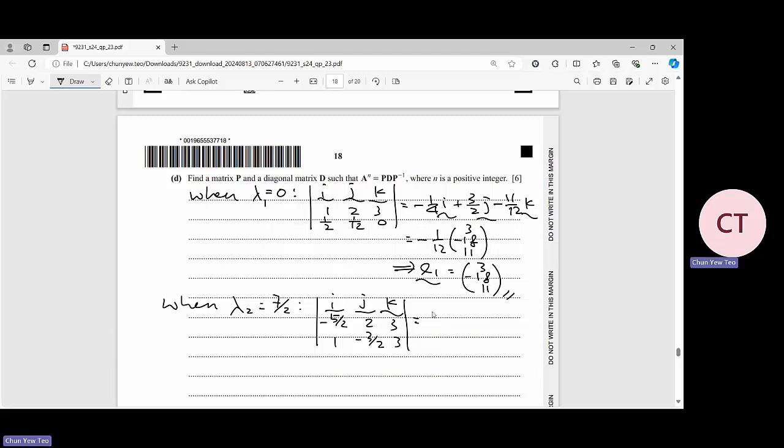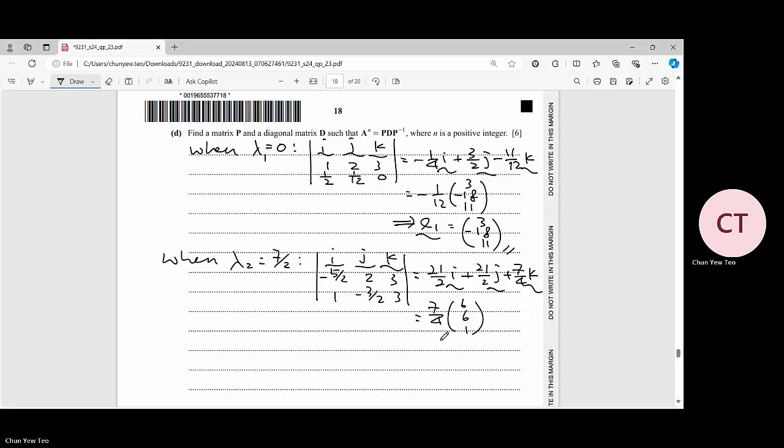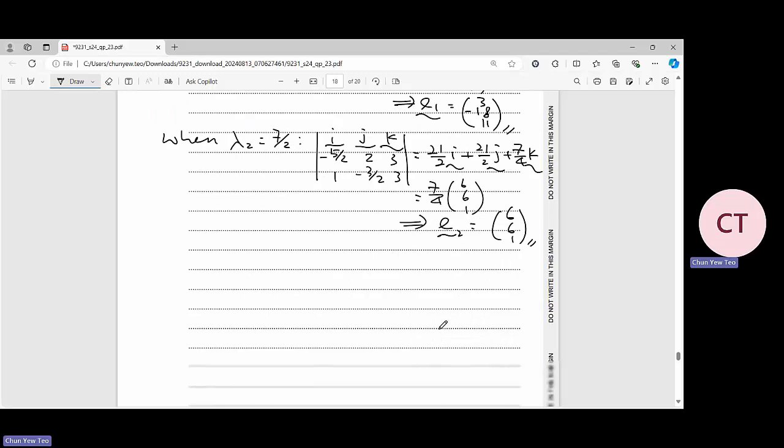Do the cross product: 21 over 2 i plus 21 over 2 j plus 7 over 4 k. Factorize the common factor out. Then I get this one as 6, 6, 1. So therefore, this is E2, 6, 6, 1.